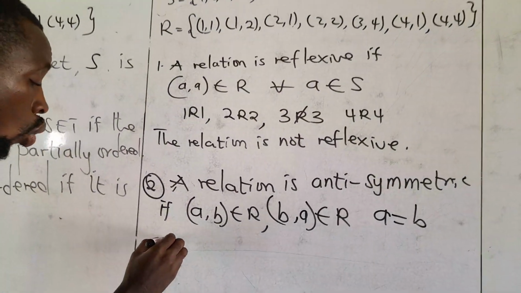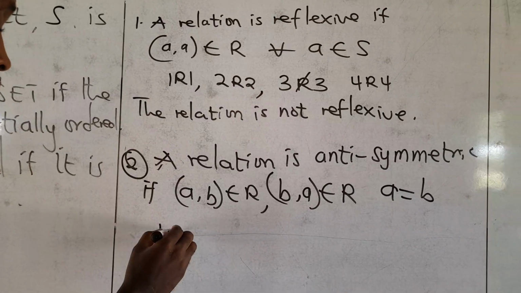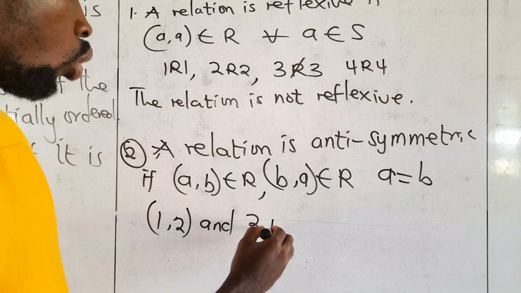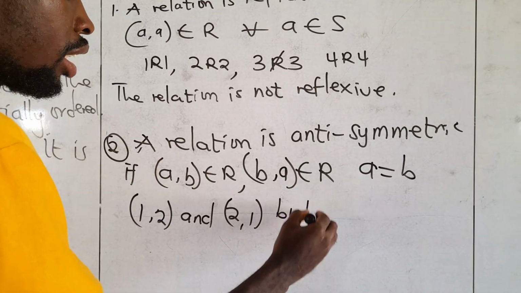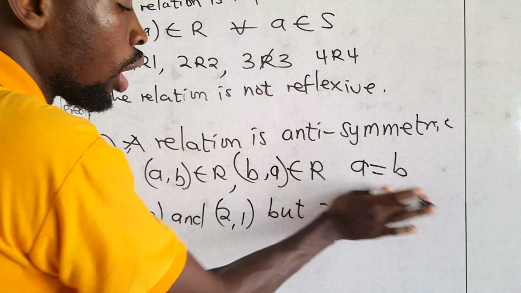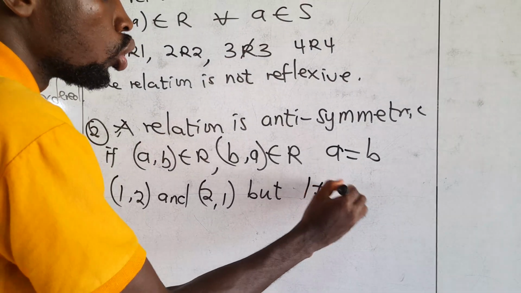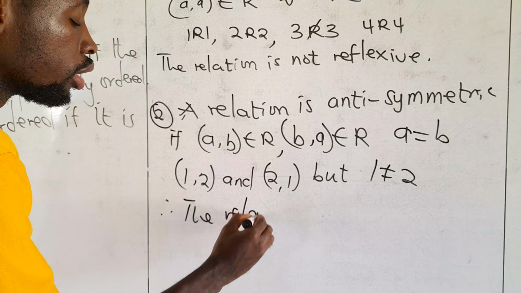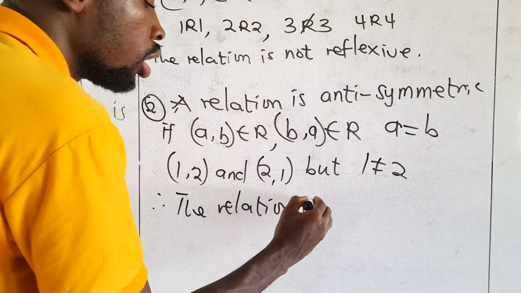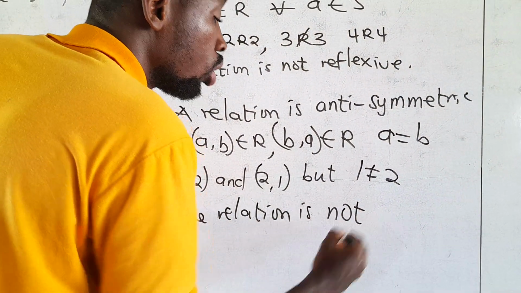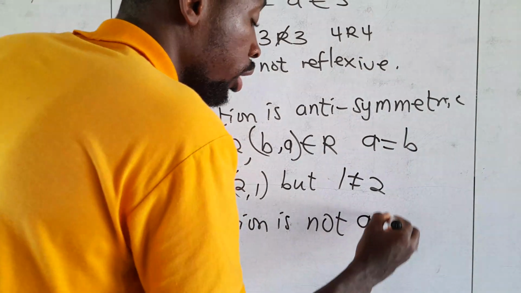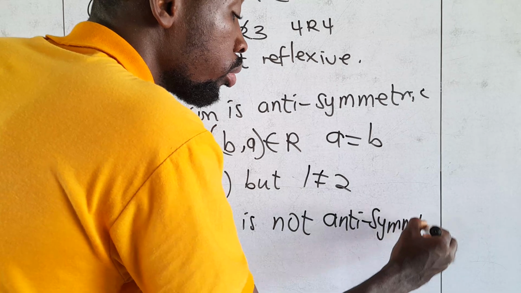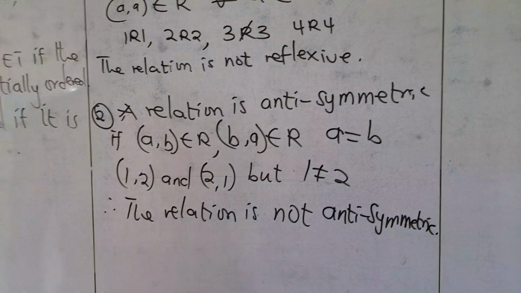We say that 1 relates 2 and 2 relates 1, but 2 is not equal to 1. Therefore, the relation is not antisymmetric. I hope you get that.